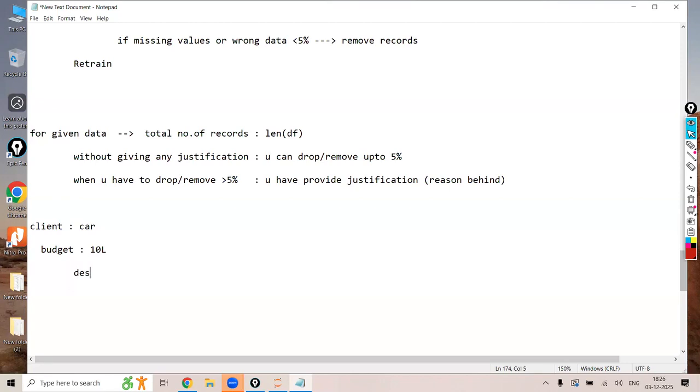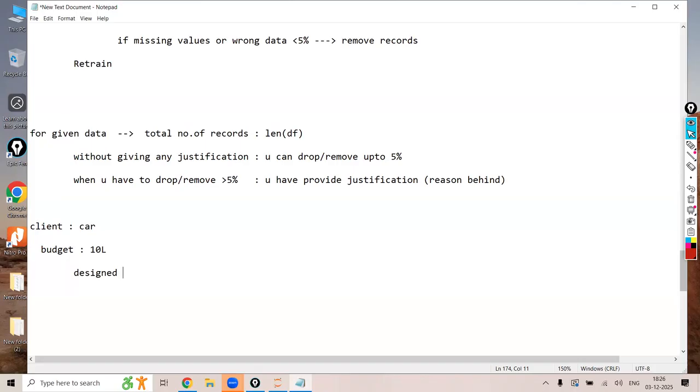I have designed a new car design, what aerodynamics I have applied, how the shape I have taken, from where I have copied. I know it to say to the client. What is client requirement? Car, 10 lakhs budget. His requirement is the car has to move without any problems.